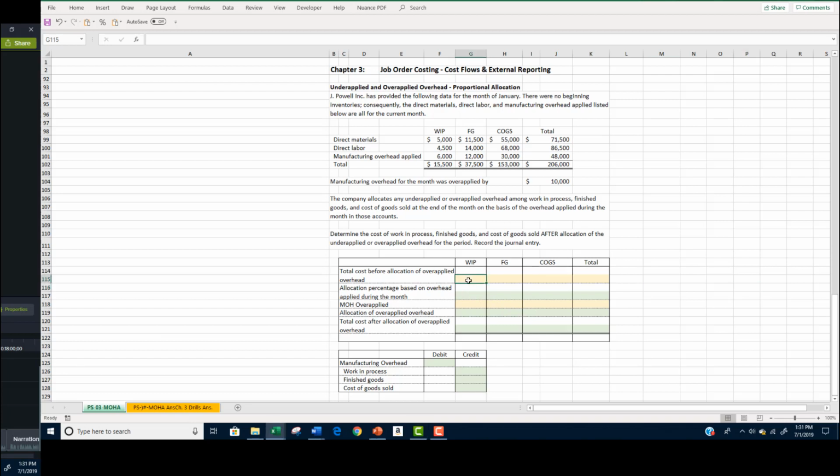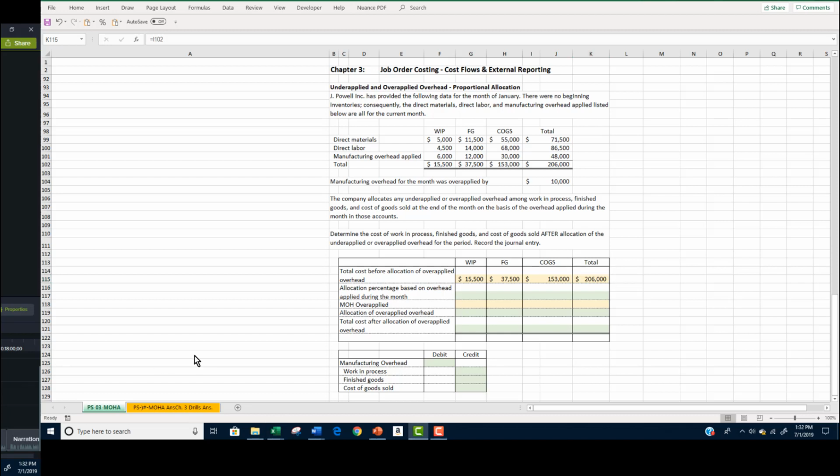We have $15,500 for work in process, $37,500 for finished goods, and $153,000 for cost of goods sold. The total for all three accounts is $206,000.